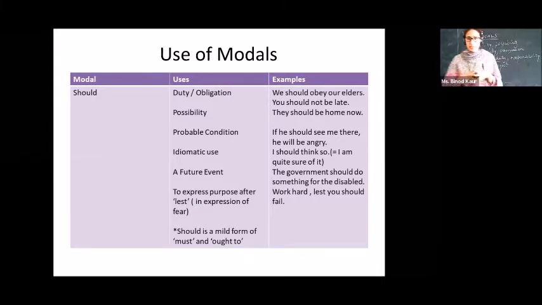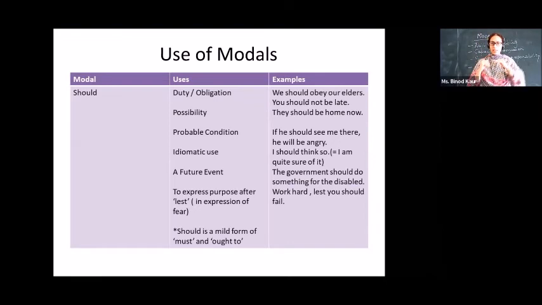So should is a mild form of must and ought to. See, should is at the third degree of obligation, then must. Mild means a lesser degree. Mild medicine means not very severe, right?